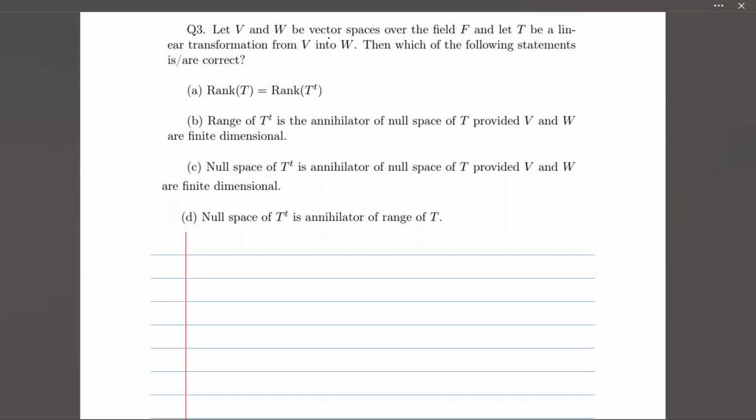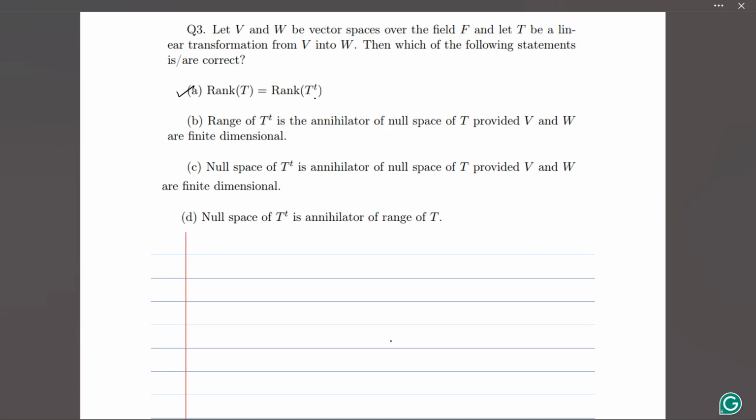The third question: V and W are vector spaces over the field F, and T is a linear transformation from V to W. Which of the following statements are correct? So this was proved in the class. If you see the matrix representation, every row becomes a column in the transpose while taking transpose.